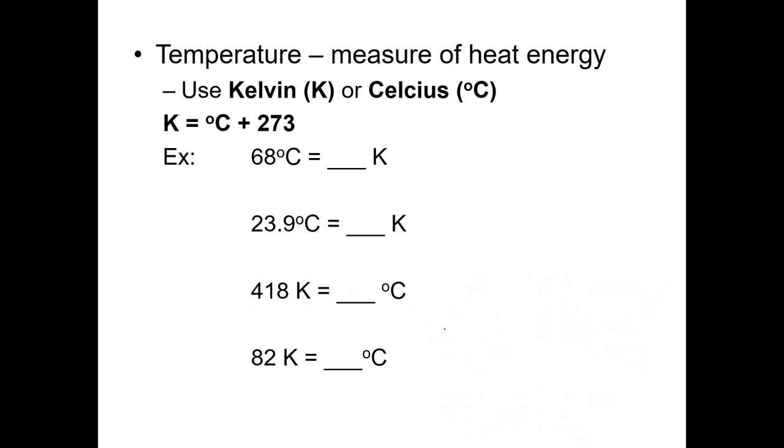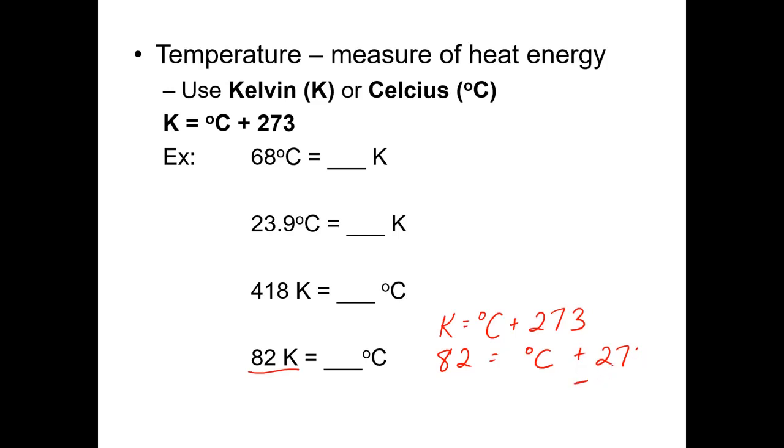Let's do another example of that type. Kelvin is equal to degrees Celsius plus 273. For this last example, I know my Kelvin, so I'm going to plug in the 82. I don't know degrees Celsius. That's what I'm trying to find. So that's my variable in the equation. To solve for degree C, I need to get it by itself, which means I need to get rid of the 273.